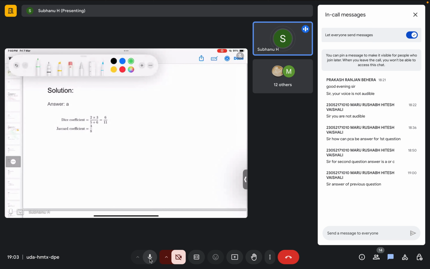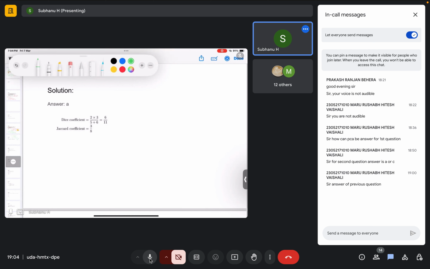So what is Dice similarity? Dice similarity is another measure that gives more weight to the intersection by considering the average size of both sets. First comes the Jaccard similarity. Jaccard similarity measures the proportion of common one values, the intersection, to the total unique one values.